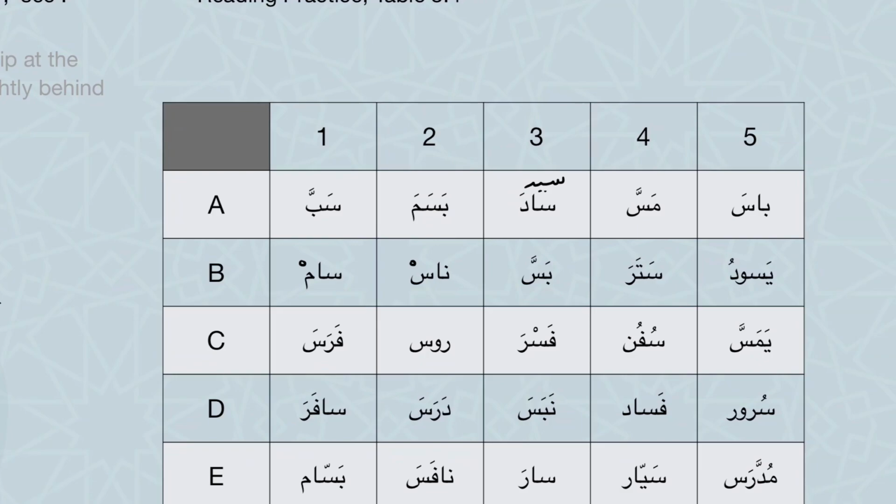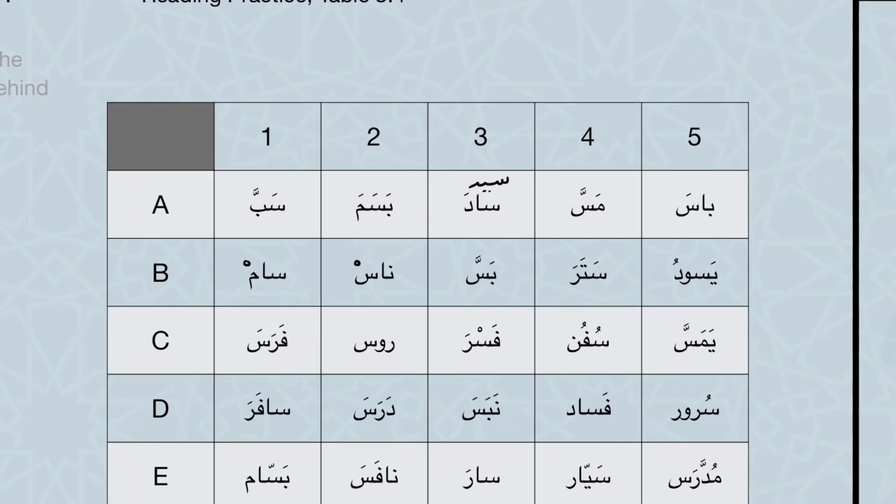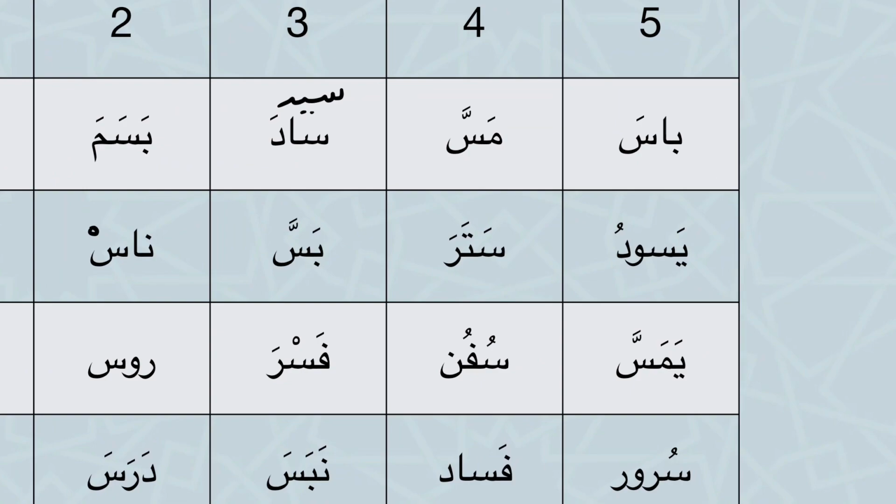Shadda and fatha. Yes. Say it again. Bassa. Perfect. And satara. And yasudu. Perfect. Very good. So the seen here has no haraka, but there's a waw. So yasudu. It's a long vowel oo sound. Yasudu.